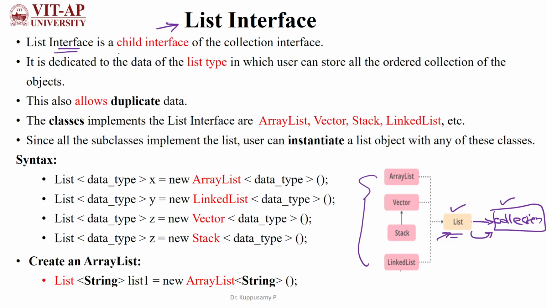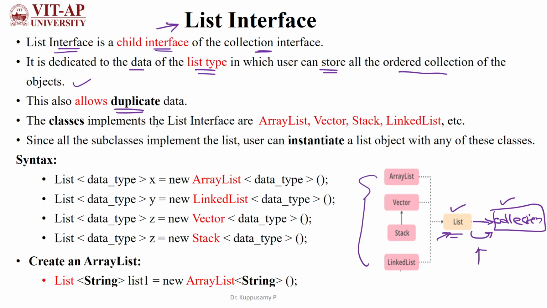The list interface is a child interface of the collection interface, and it is dedicated to data of list type, in which the user can store an ordered collection of objects. It allows duplicate data in Java collections.